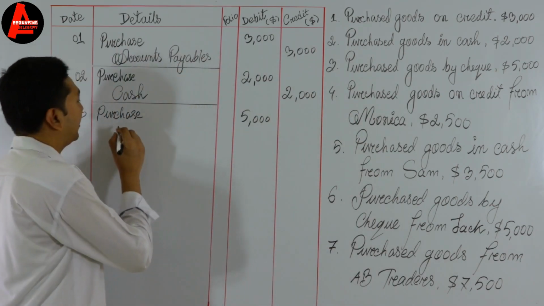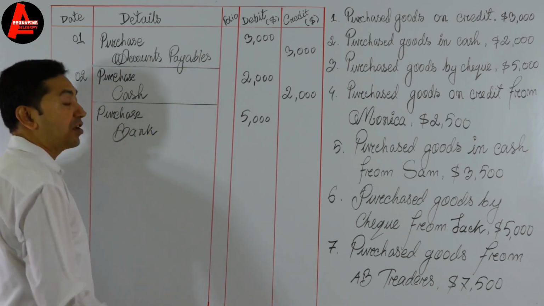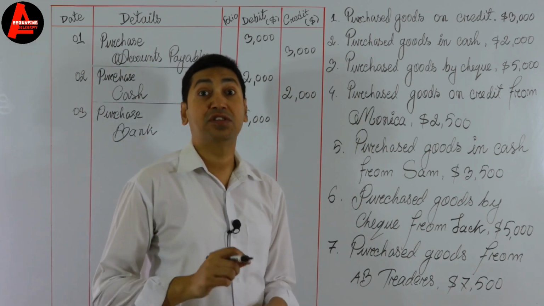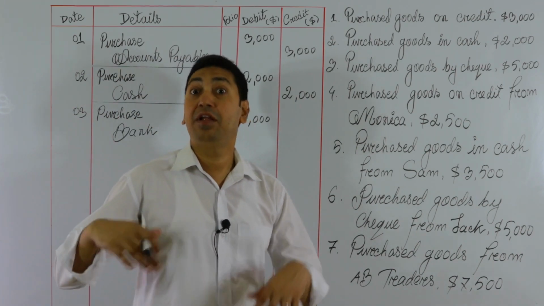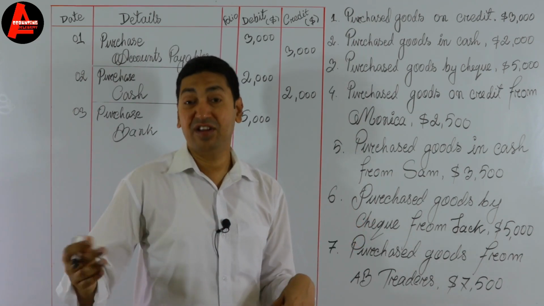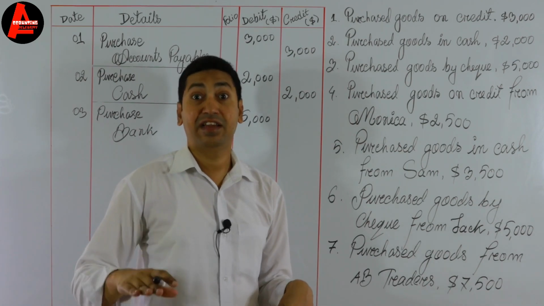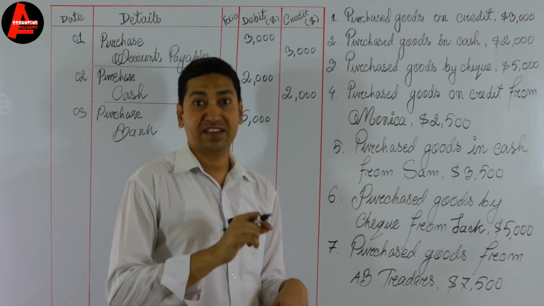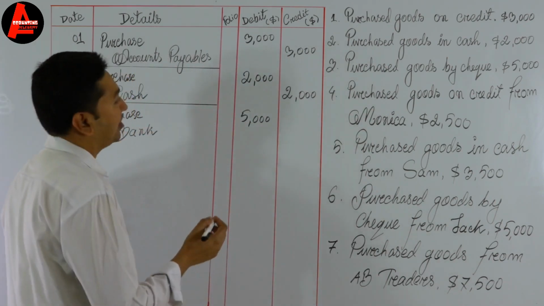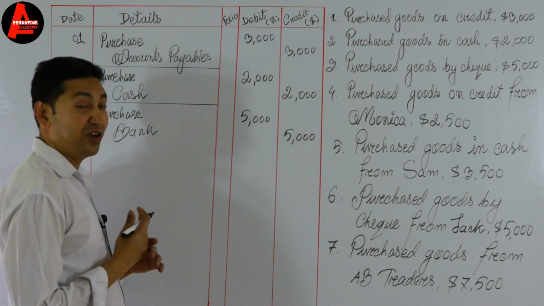Why is bank credited? Because when the business paid money by check, money goes out from the bank balance. Bank balance is an asset. So bank is decreasing, and a decrease in asset will be credited. Very simple. Let us write $5,000. Number 3 is over.